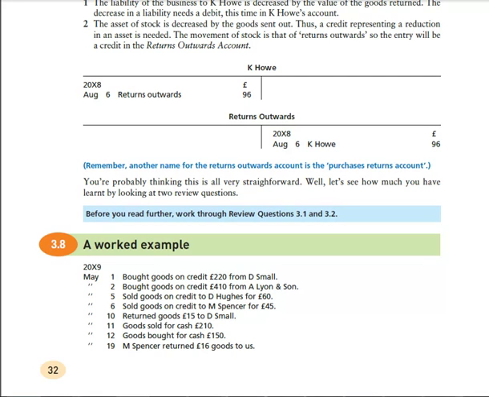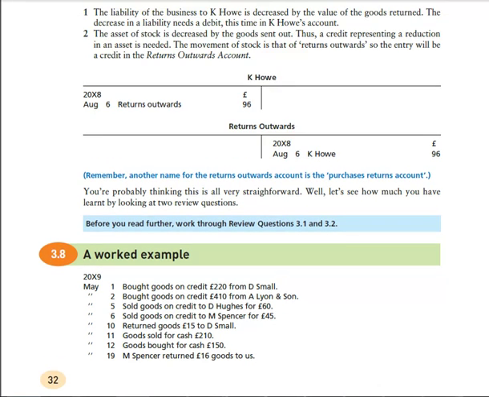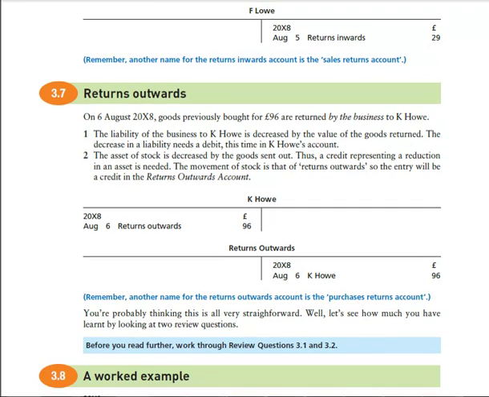Return inwards means any returns coming inside the business. Because it leads to an increase in stock, it is debited. Return outwards is any stock that we return back to our suppliers, returns going out of the business, and because it leads to a reduction in stock, we would credit it. So debit purchases, credit sales, debit return inwards, and credit return outwards.